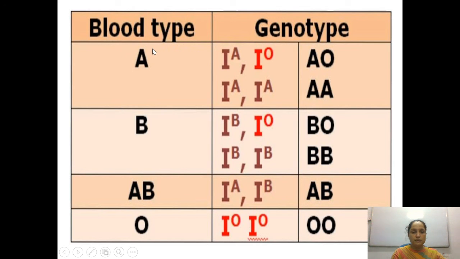Now this is the picture showing you the blood group. Blood group A is having IA. This I is basically capital I is usually the gene here with the antigen A. So if you are taking the example of the blood group, then this gene you have to express in the form of capital I. Okay, so this capital I with 0, so it means it is having the blood group A, because if one of the letter or the one of the genotype expression is in the form of a dominating trait, then it will be considered as A only.